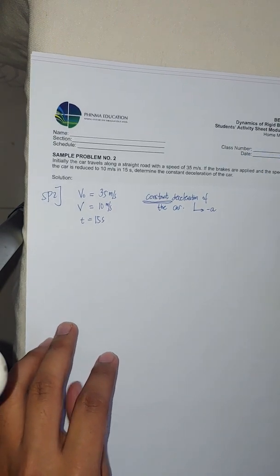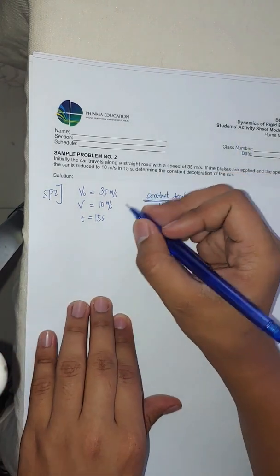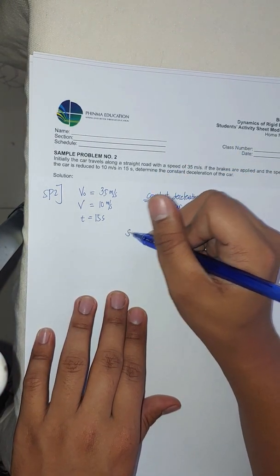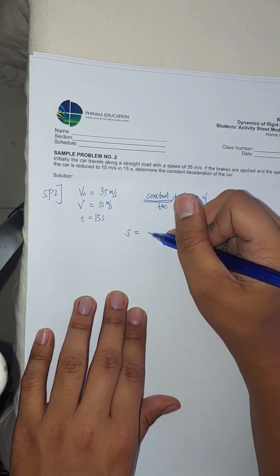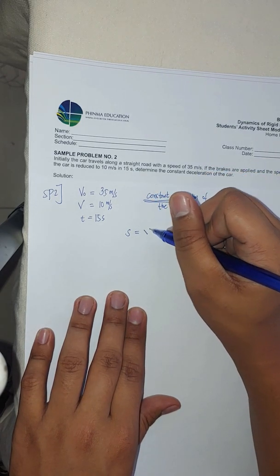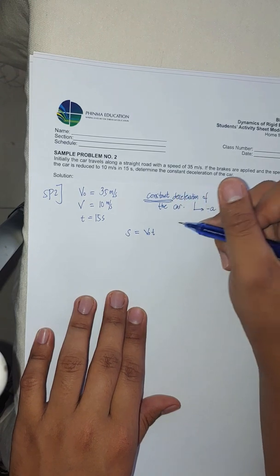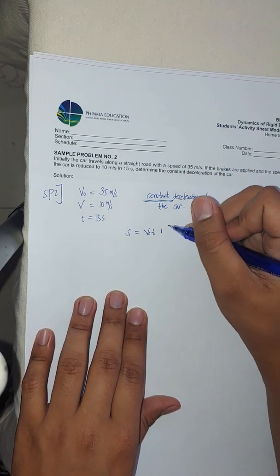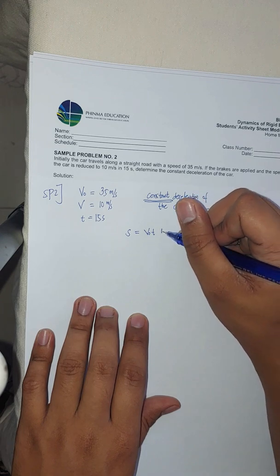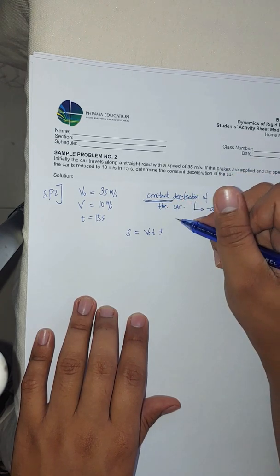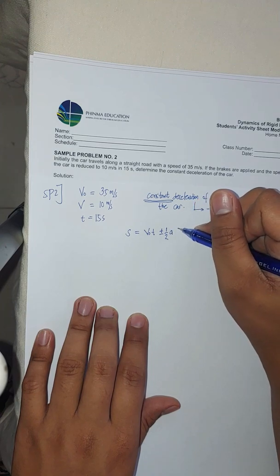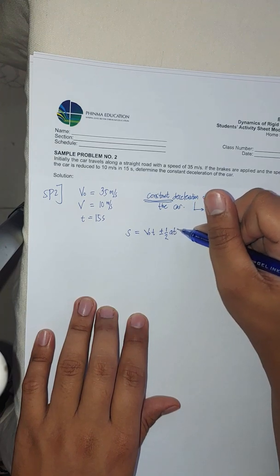So, remember that we have three equations for constant acceleration. We have the position is equal to the initial velocity times time plus or minus half of the product of the acceleration and the square of the time.